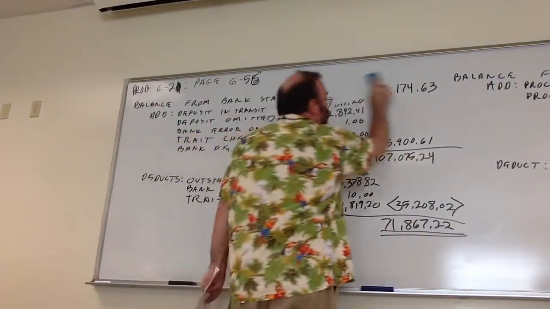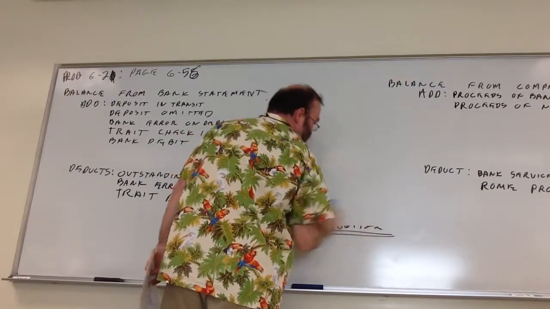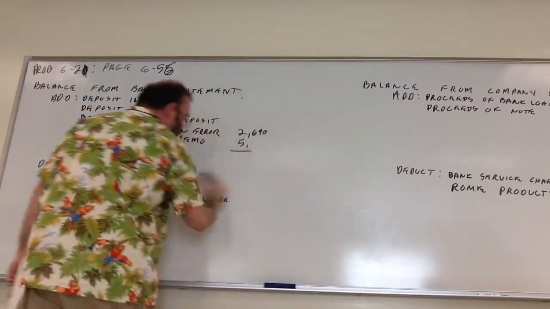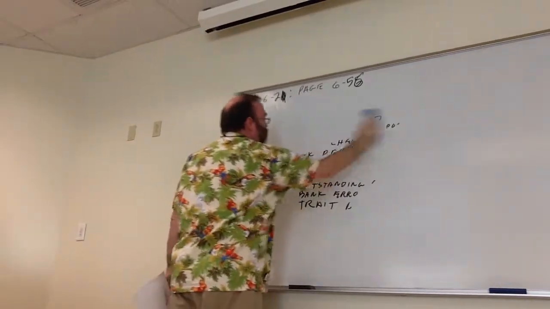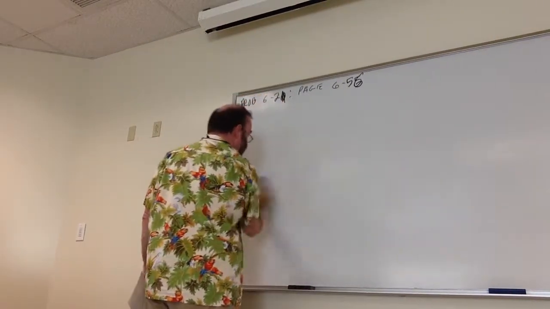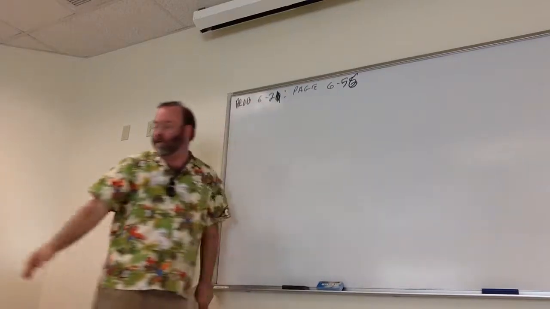So, once again, anything on the bank side, on the book side, on the company's books, you need to make a journal entry for. So I'll do it quickly because apparently my battery's going low.